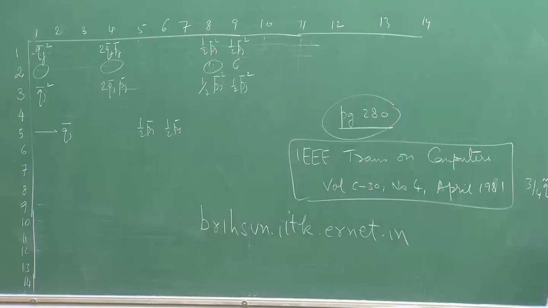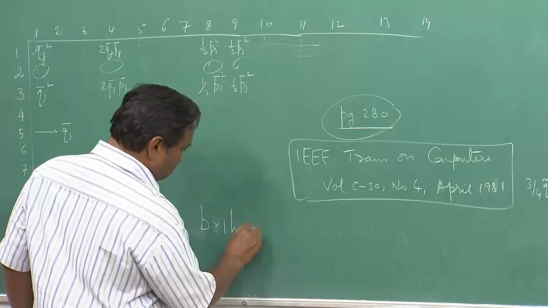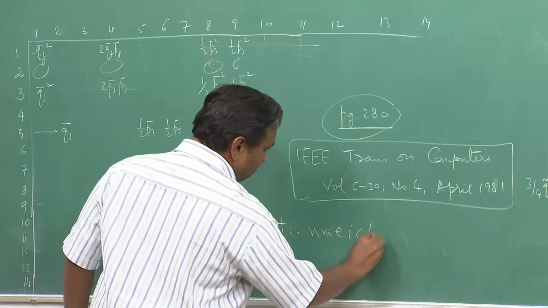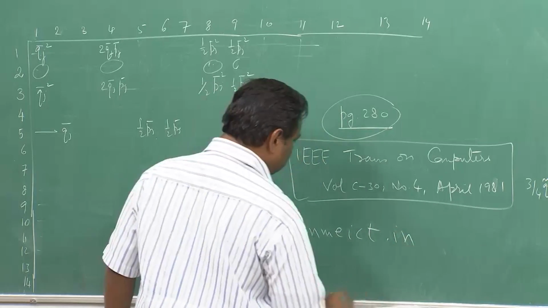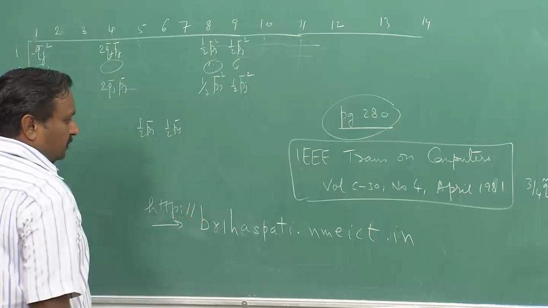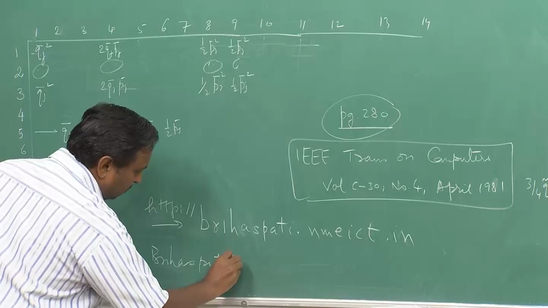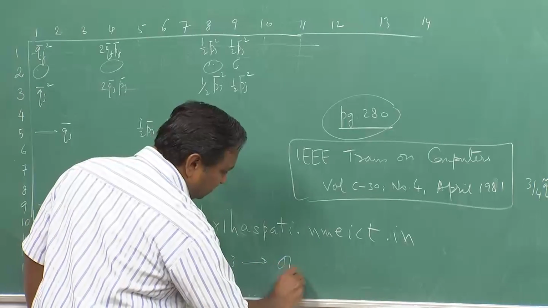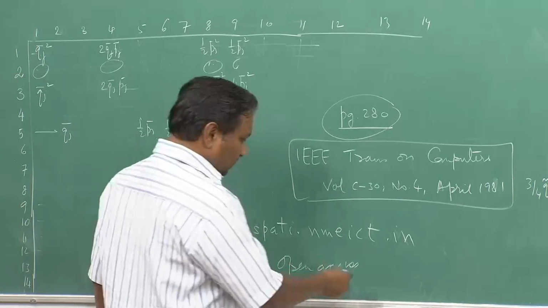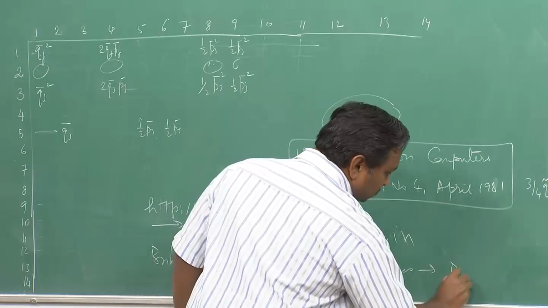Sorry, this is a wrong URL. So, you can actually go here, so go to this particular URL, go to Brihaspati 3 which is mentioned there, go to the open access courses, or you can actually register yourself as a student in a course on digital switching and go to digital switching.